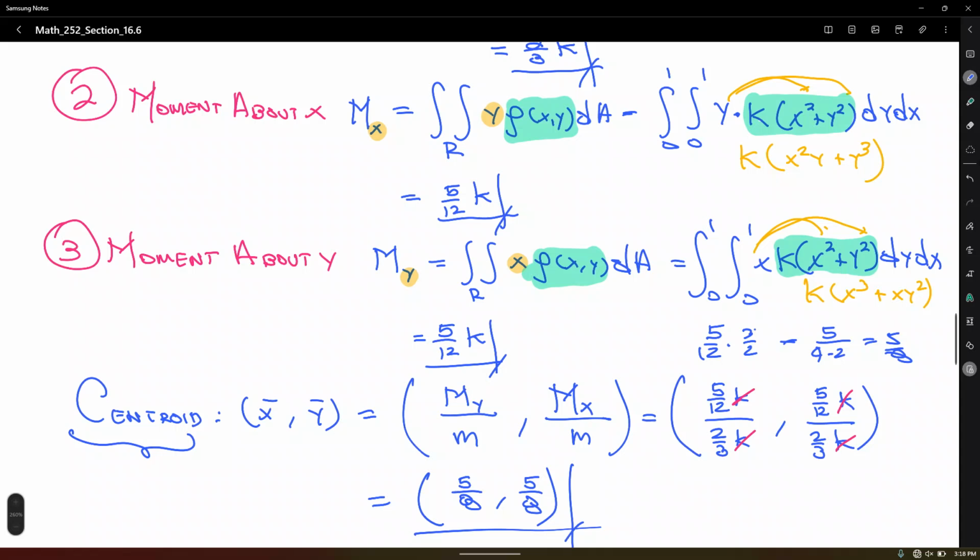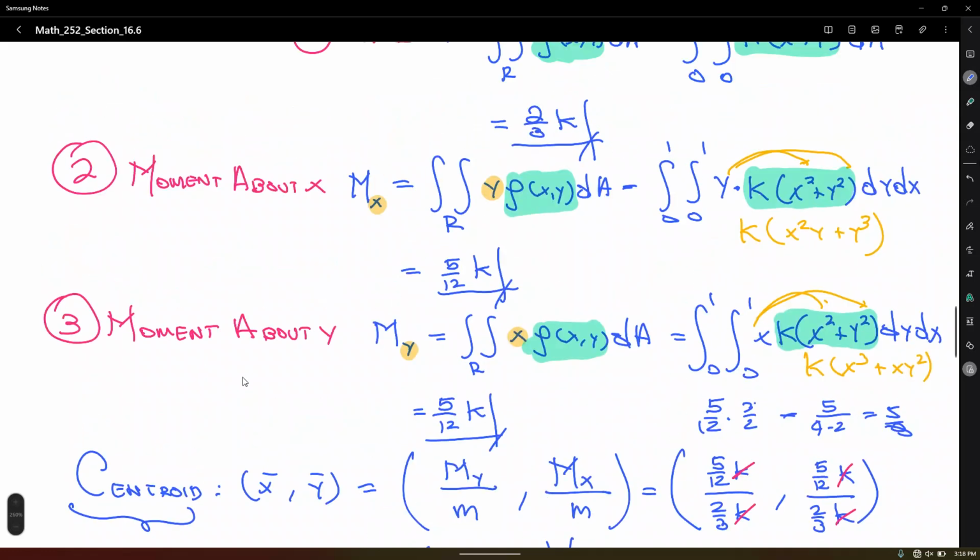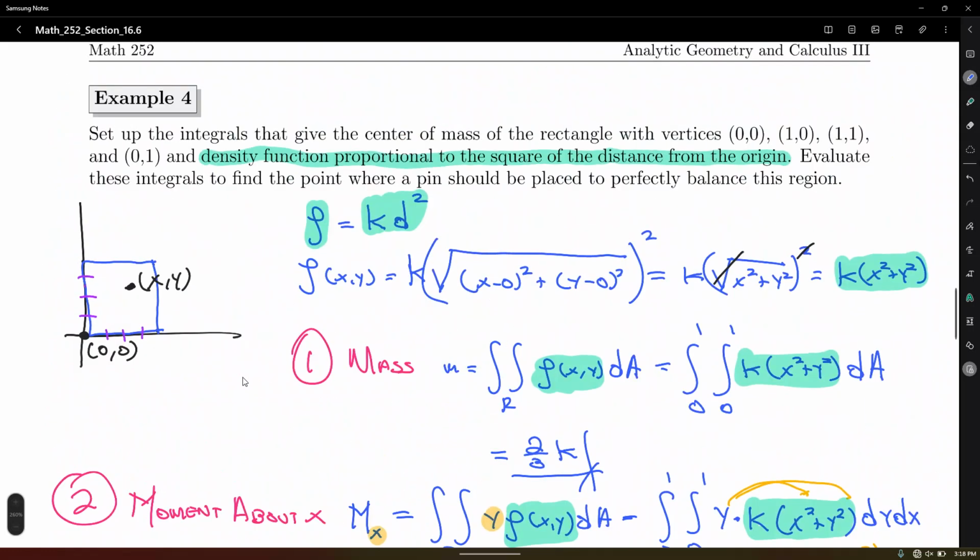All right, so let's make sense out of this result. Let's move back to the region of integration. 5 over 8, comma 5 over 8 is going to be our center of mass right here. I divided this into 1, 2, 3, 4 equal parts. So 1/2 is the same as saying 4 over 8, which means 5 over 8 is this one, our 5 over 8, 5 over 8.